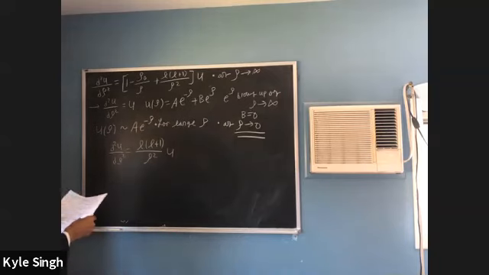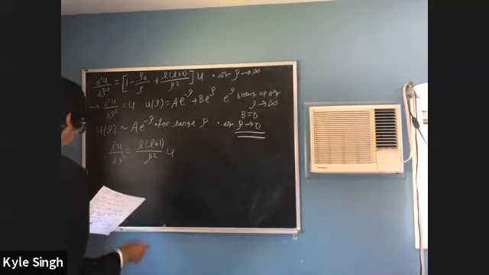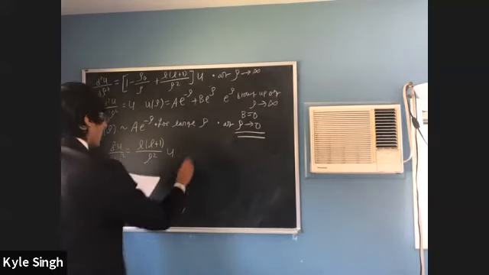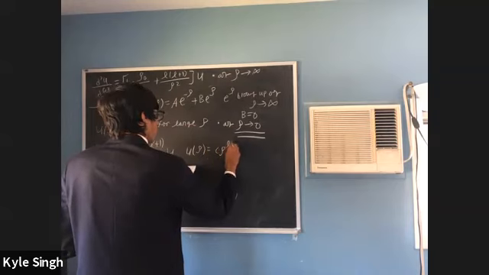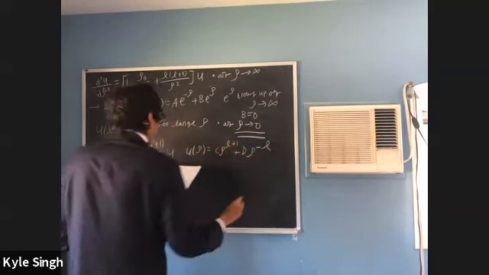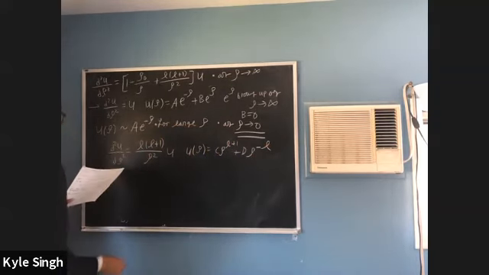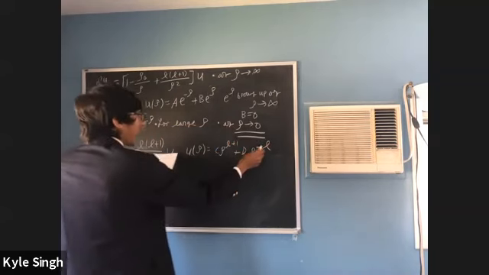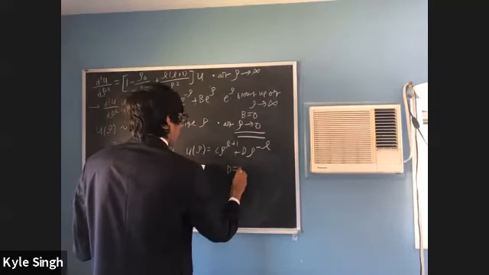Now what we want to do is keep playing around with this. Again, this has solutions, and these are the solutions. Rho to the minus L is going to blow up as rho goes to 0, and so D has to equal 0.